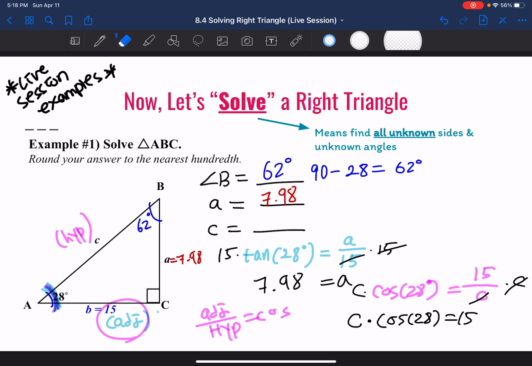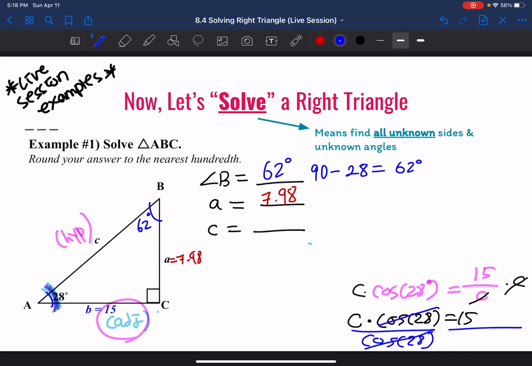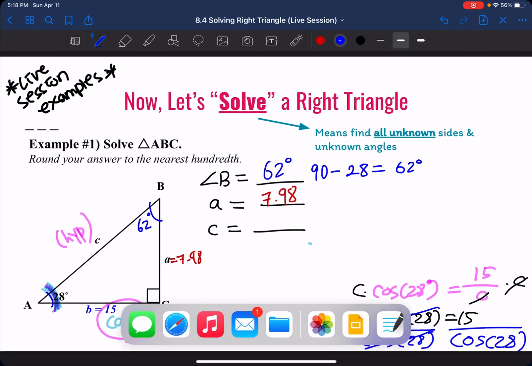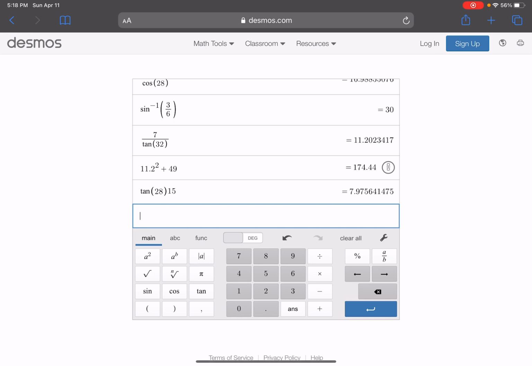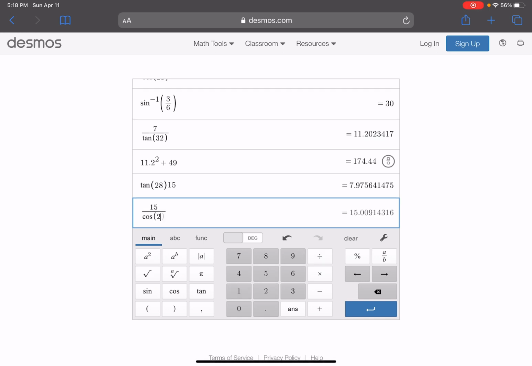All right, so let me erase since I don't have enough space. Okay. So we divide everything by cosine 28. So the left-hand side, I have only c left. So c equals 15 divided by cosine 28. That's what we have.